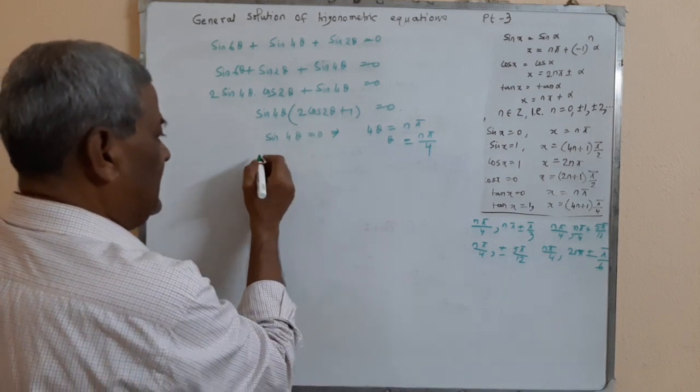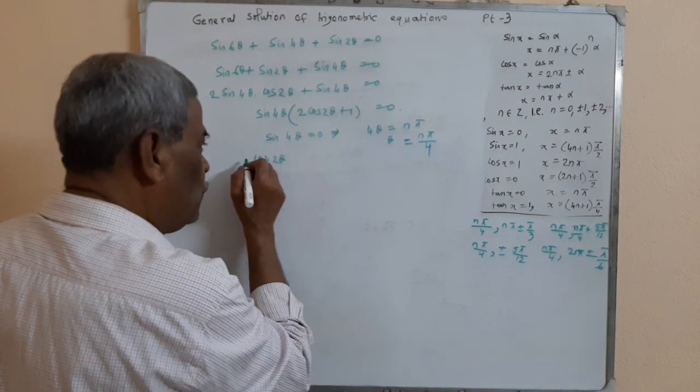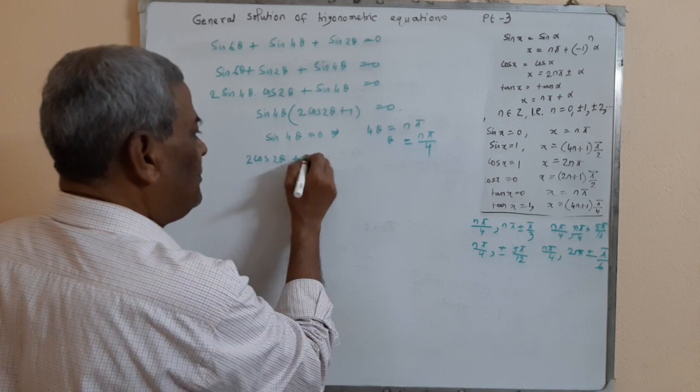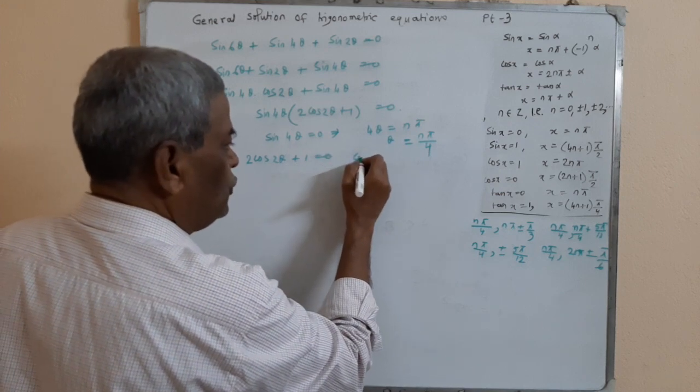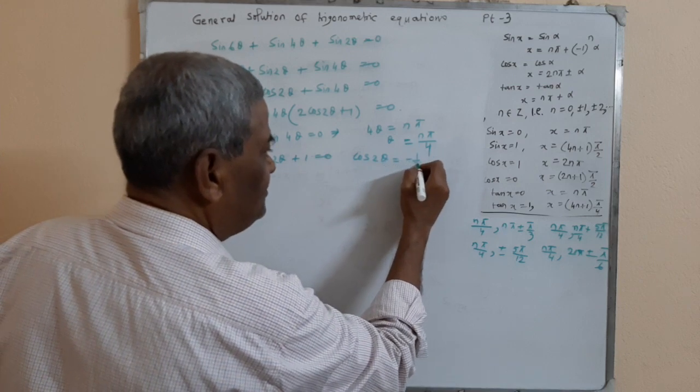For the second factor, 2 cos 2θ + 1 = 0. That is, cos 2θ is equal to minus half.